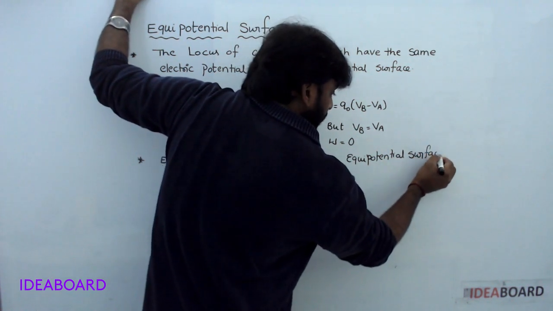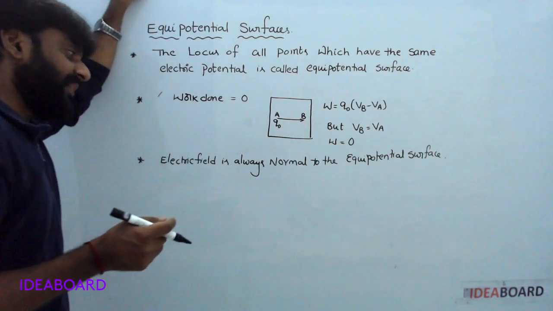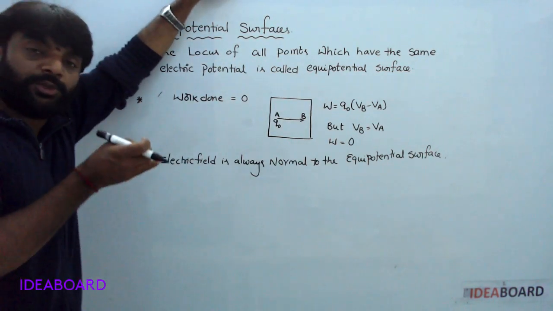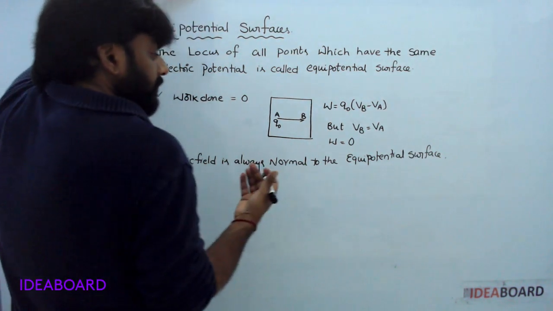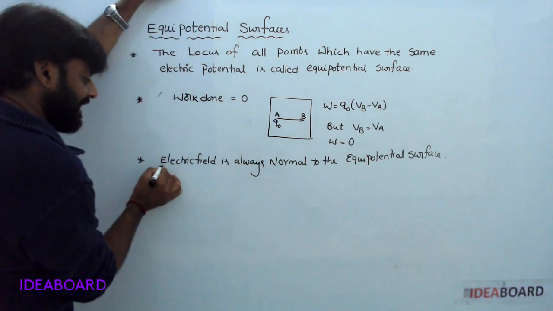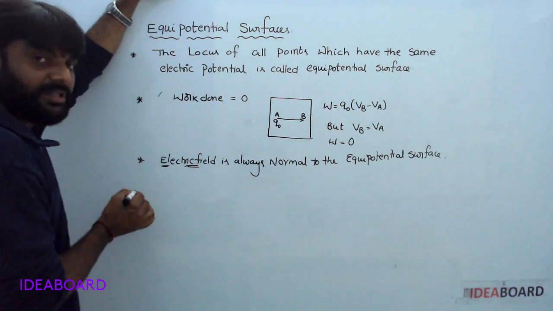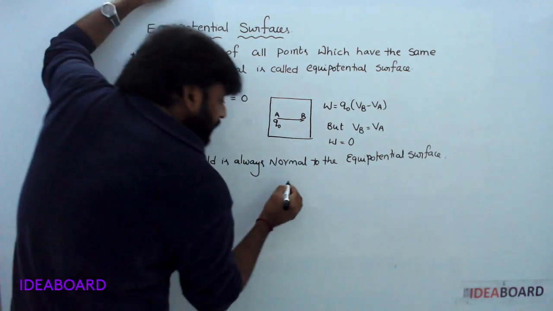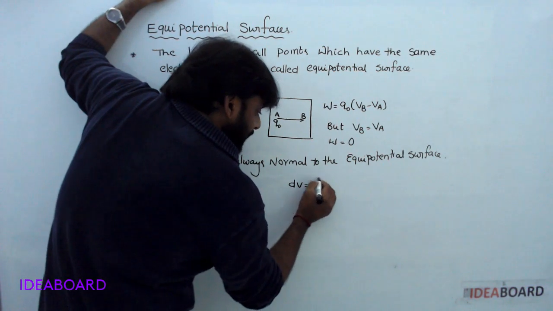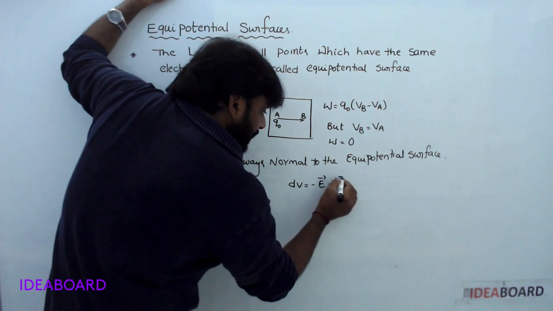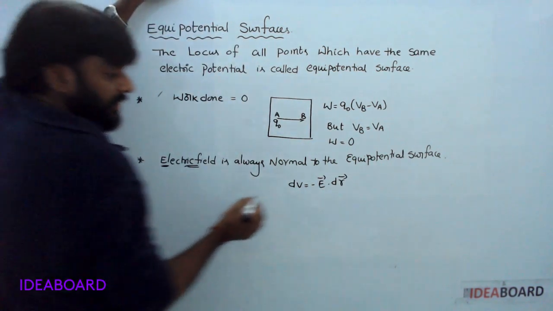Why is it always so? Here electric field means electric field lines of force. See, dV is equal to minus E bar dot dr bar.